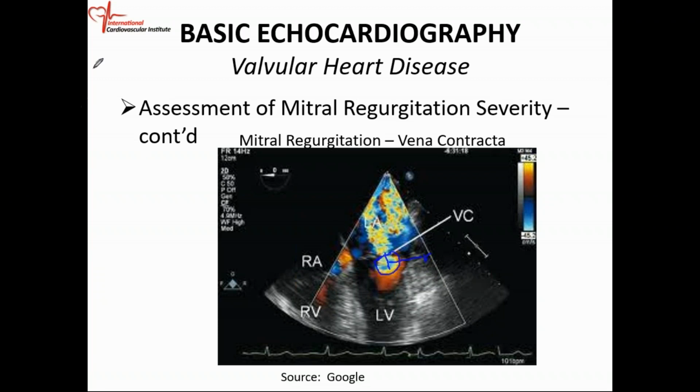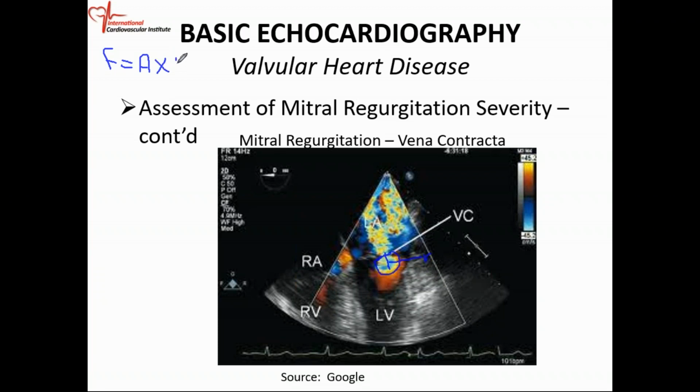If you remember, when we say flow, flow is equal to cross-sectional area times velocity, right?